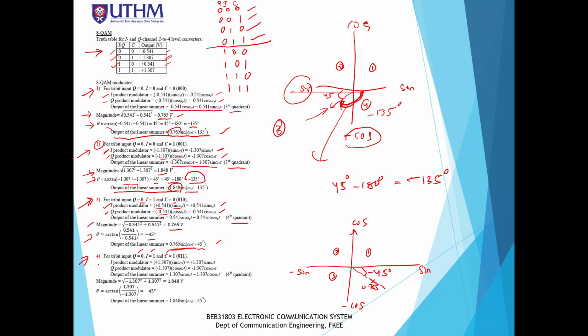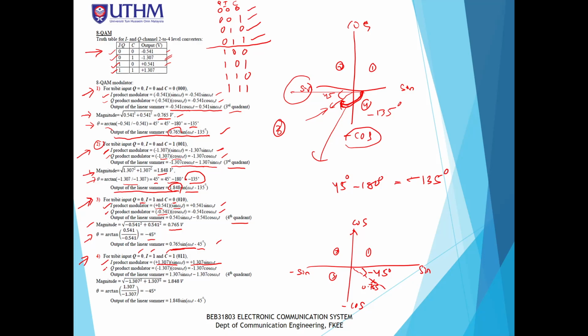And if you see from the 2 to 4 level converter, for the I channel, which is 1 and 1, you're going to see the fourth row, it's going to produce positive 1.307 volt at the output. In the I channel, we multiply with a sine function, so the output of the product modulator would be plus 1.307 sine omega ct.